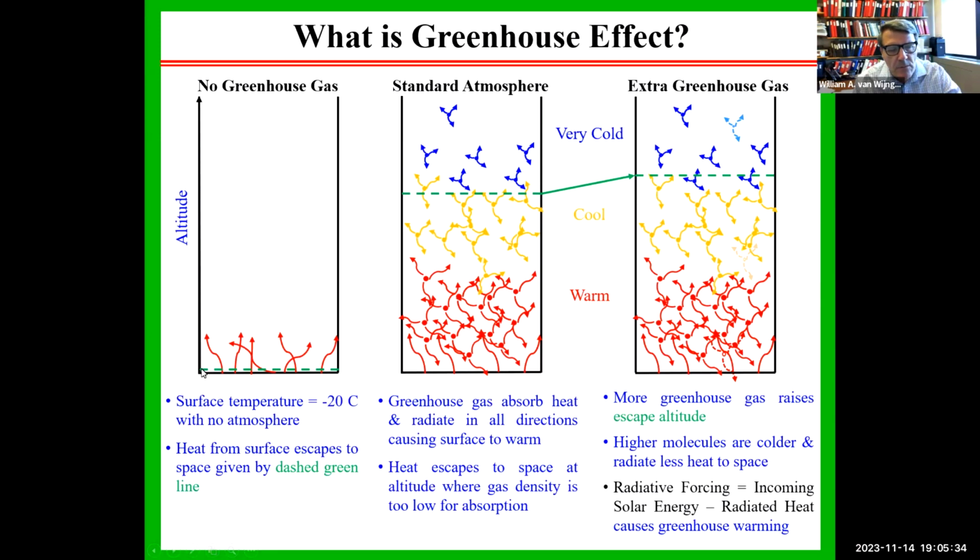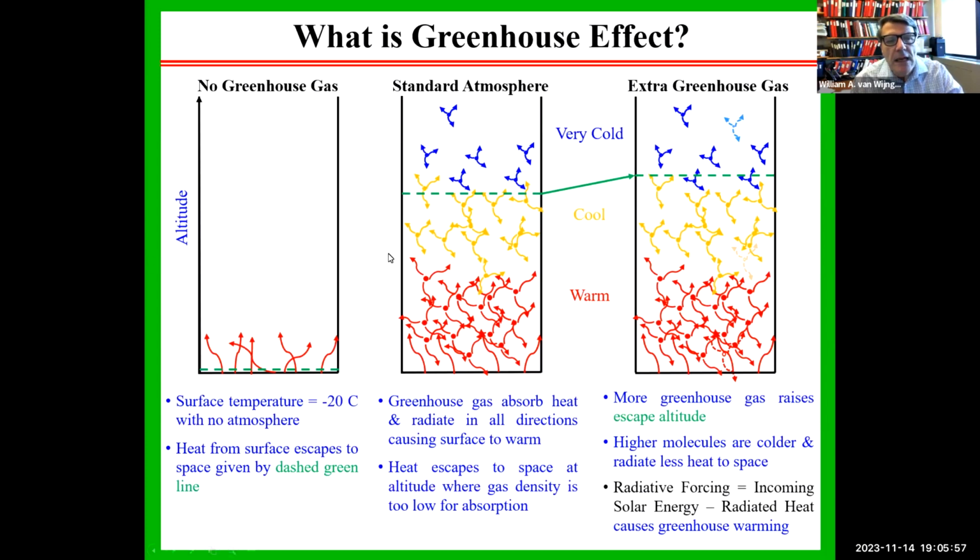So the altitude at which the radiating molecules' radiation can go out to space coincides with the surface. It's important to realize that if the atmosphere of the Earth had no greenhouse gases, the temperature of the surface would be about minus 20 Celsius. So the Earth would be uninhabitable.